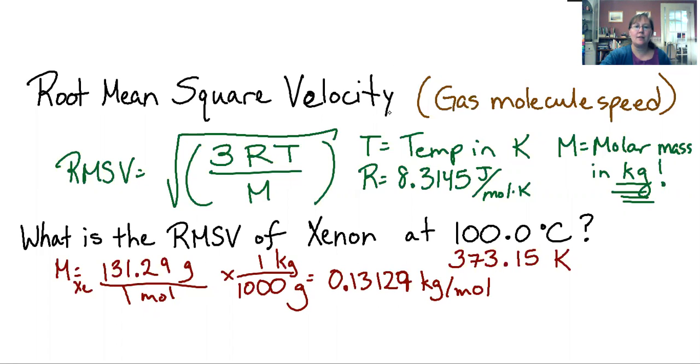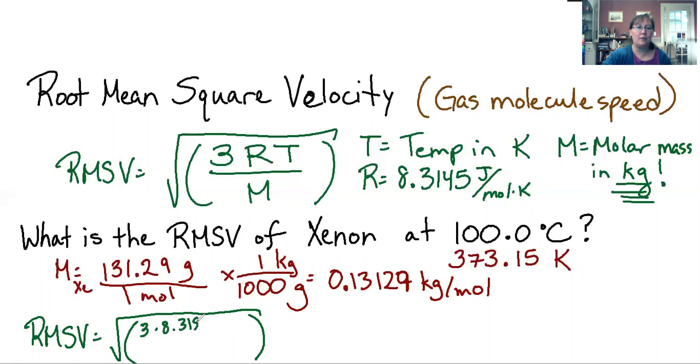Now let's come back to our calculation. Our root mean square velocity is equal to the square root. Make sure that you do everything in parentheses before you take that square root. So 3 times 8.3145, I keep saying the wrong thing. I bet this is confusing.